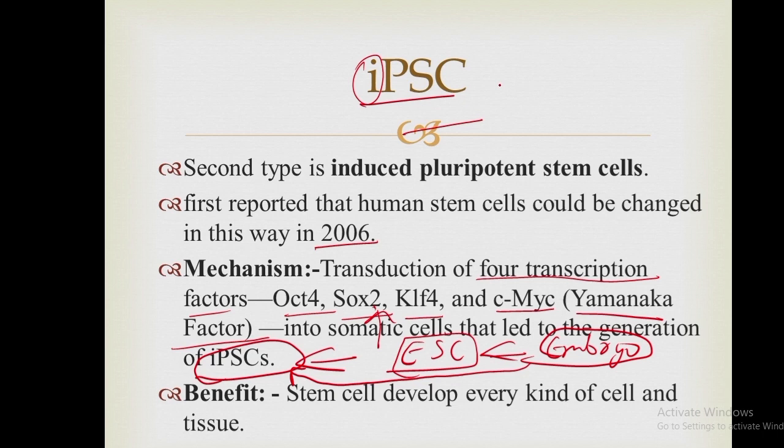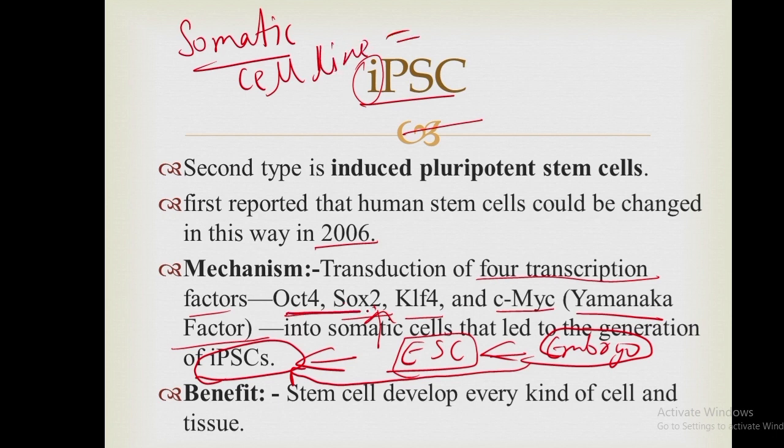And also one more benefit of these cells: if we are having any somatic cells, like any cell lines of any particular organ, we can express these four Yamanaka factors in this cell line, and after this expression, the cell line can be converted into stem cells.